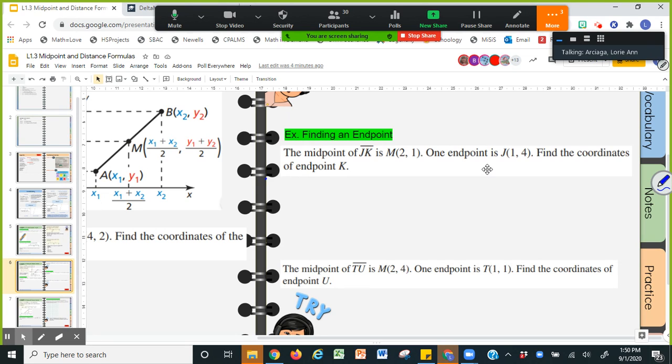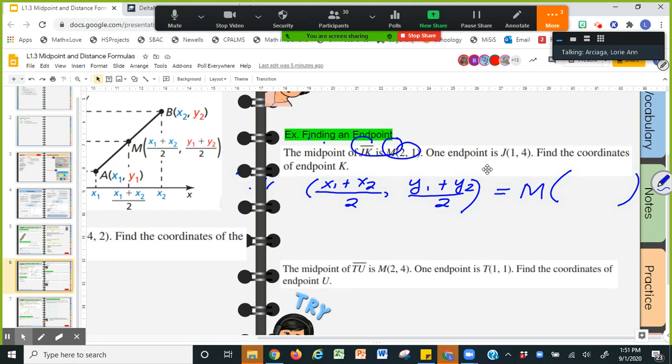So if you remember in the formula, I'm struggling with my writing pen over here. Okay, so if you remember in the formula, it's x1 plus x2 over 2, and then y1 plus y2 over 2 is equal to the midpoint, right? So the midpoint here is already given.